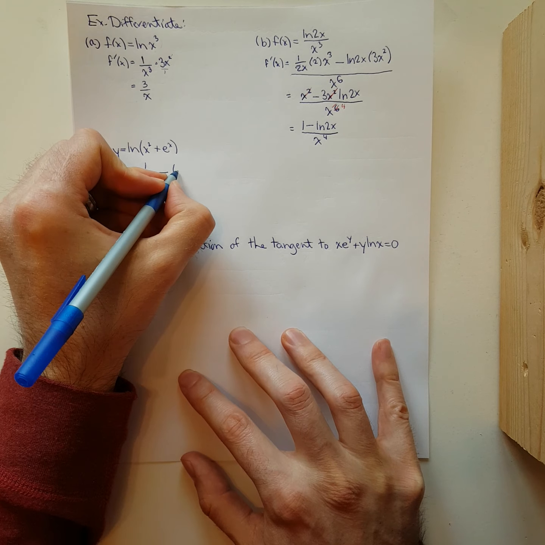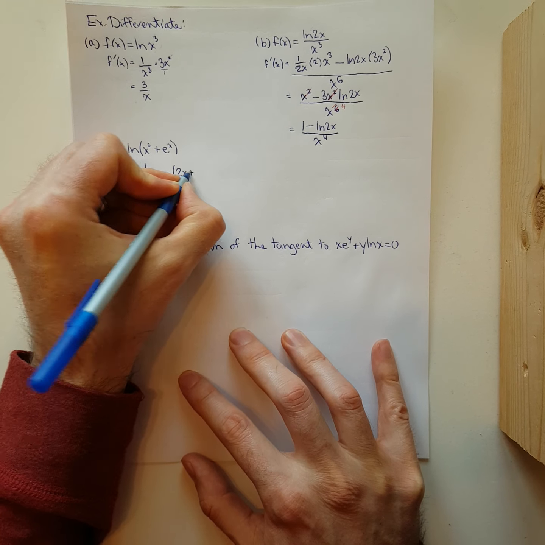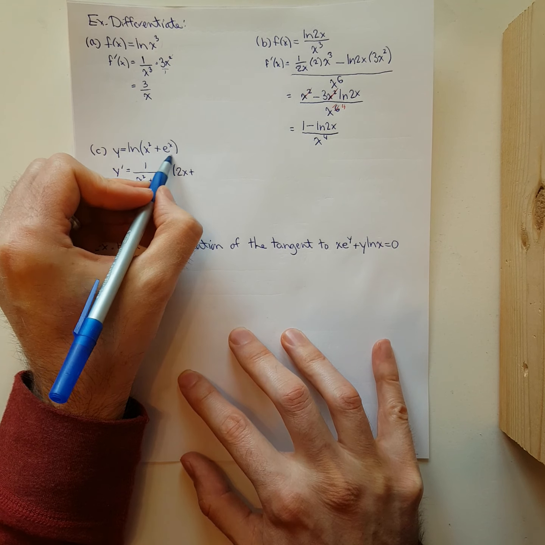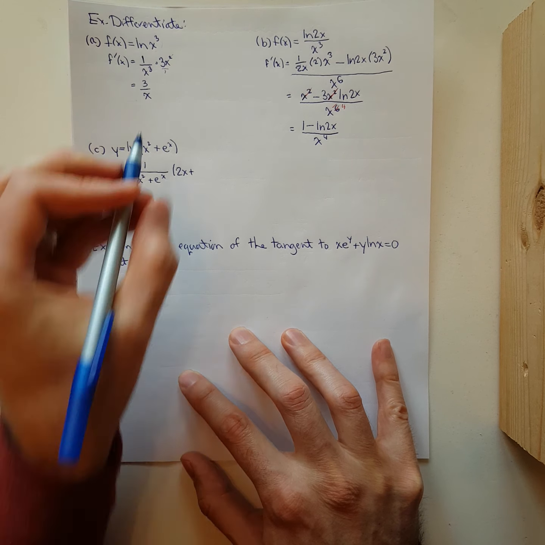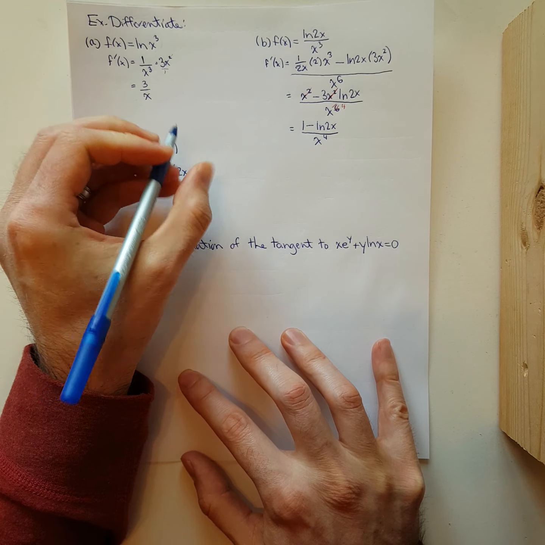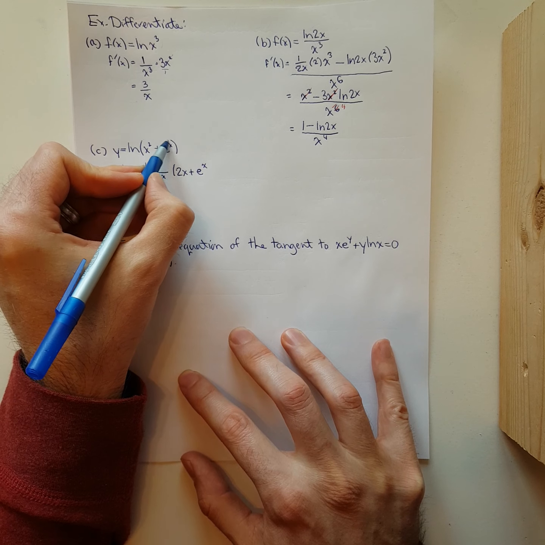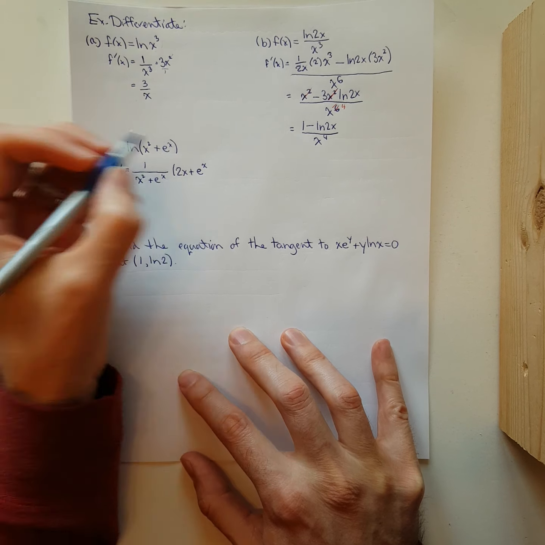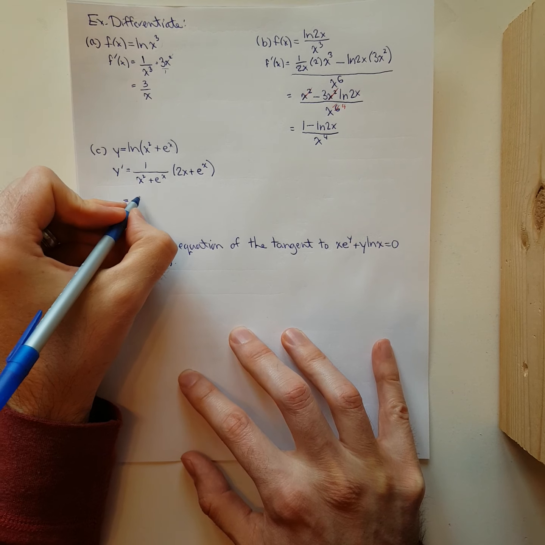So the derivative of the inside, term by term, since this is a polynomial, would be 2x plus, and now this is where we can also start to incorporate the derivative of that natural exponential function as well from our last lesson, in this case a relatively easy one. The derivative of e to the x is e to the x multiplied by the derivative of the exponent, which is just 1. And then we can clean this fraction up a little bit.